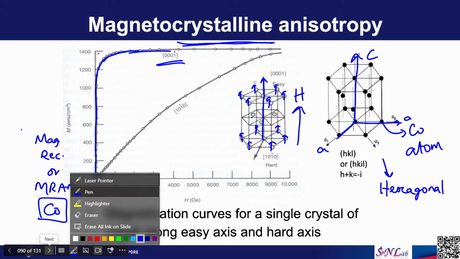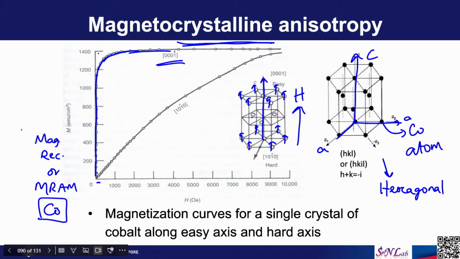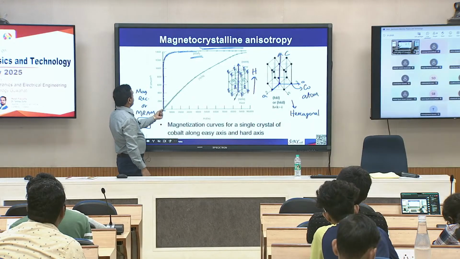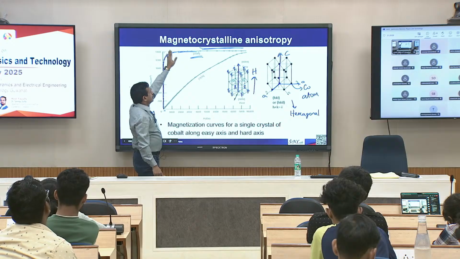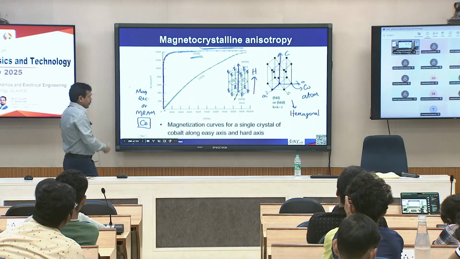But this is an experimental result. There may be some imperfections, and because of that you need a certain magnetic field to reach the saturation. So, you can see that this is the easy direction, meaning with a very small magnetic field you can reach high magnetization values.